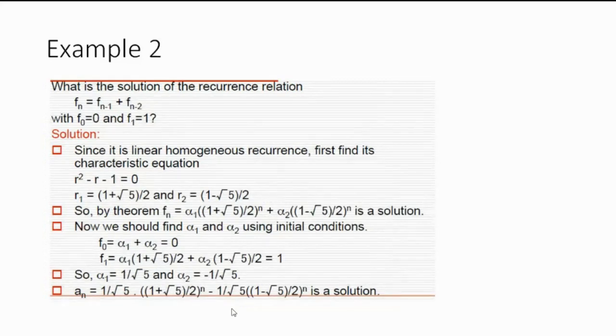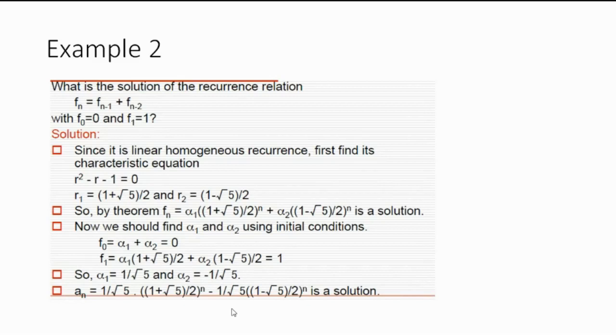Same with the Fibonacci series. So r square minus r minus 1, solve for the roots: minus b plus or minus square root of b square minus 4ac by 2a. So you will get r1 is equal to 1 plus square root 5 by 2, and r2 is equal to 1 minus square root 5 by 2.